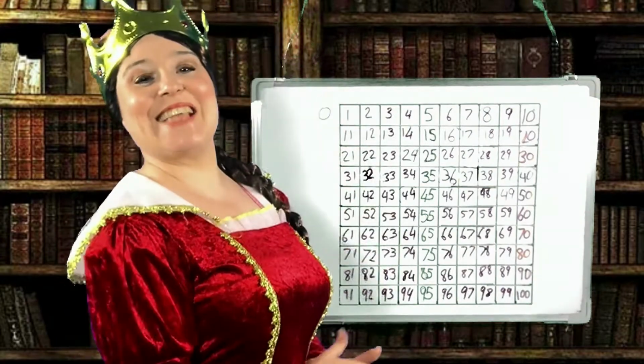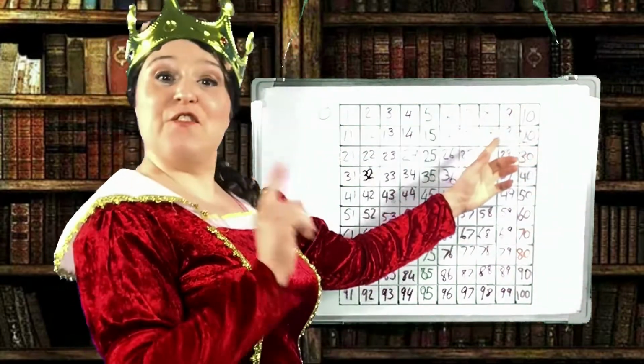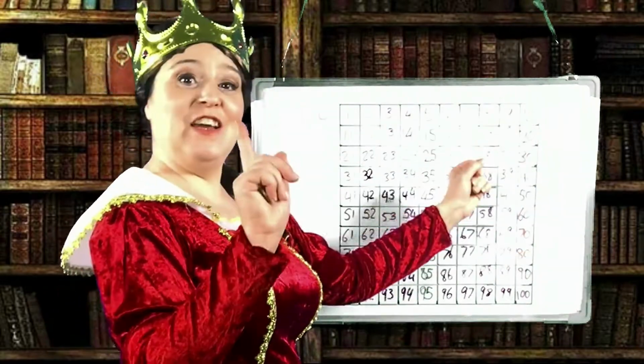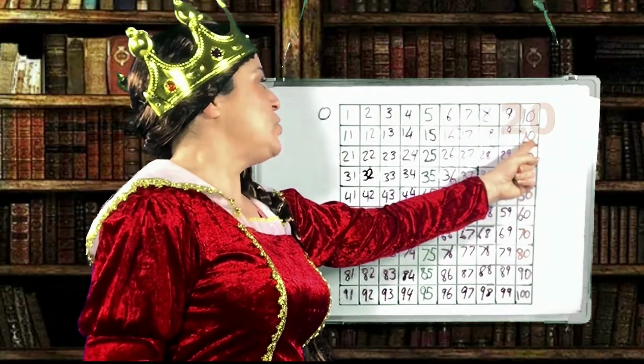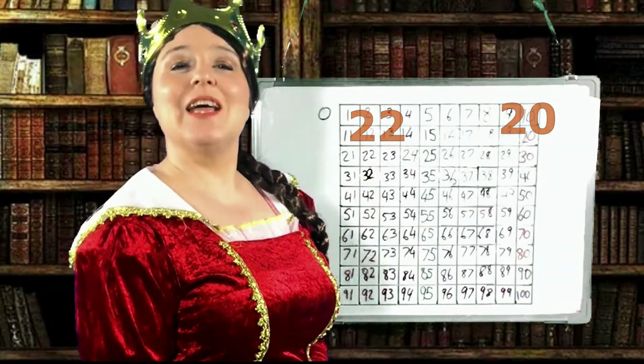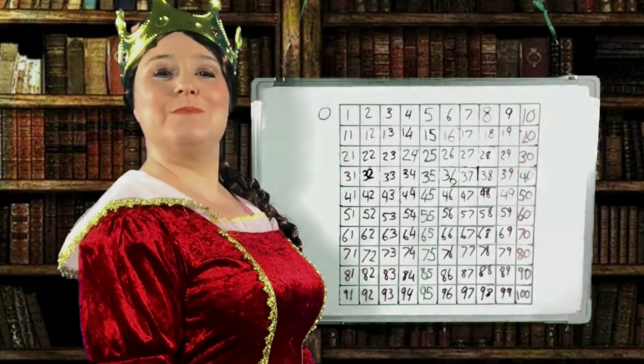Very good. Yes, that one was much easier. Counting forwards in multiples of 2, starting from 18, you should have written 20 and 22. Nicely done.